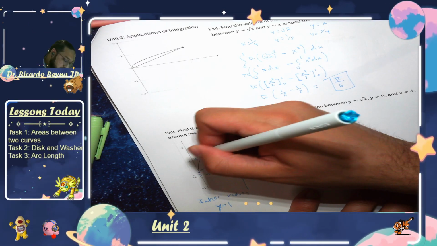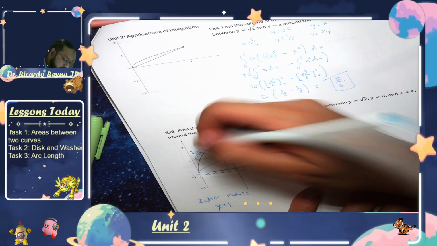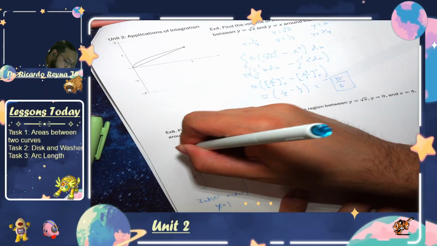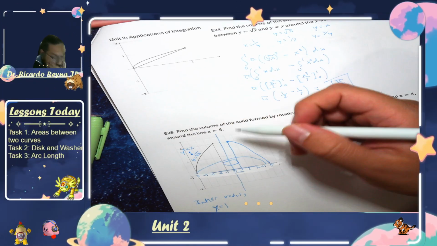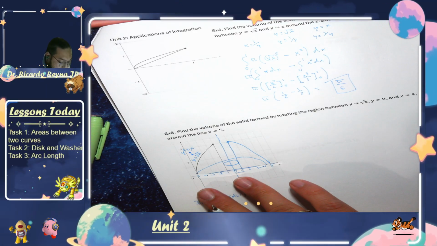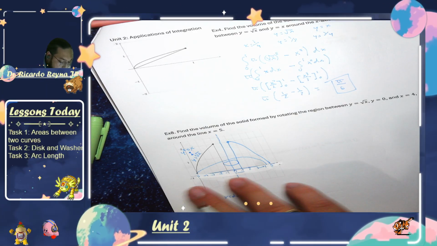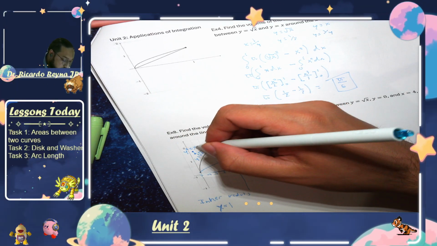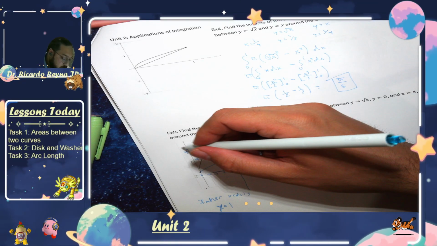We should change this to be a variable of x, since we're doing it with the horizontal anyway. So this is going to be y squared is equal to x. Okay, so that means if we have this function y squared is equal to x, and we move it, that means we have to manually move this as well.